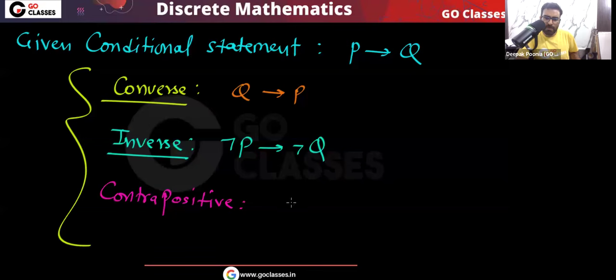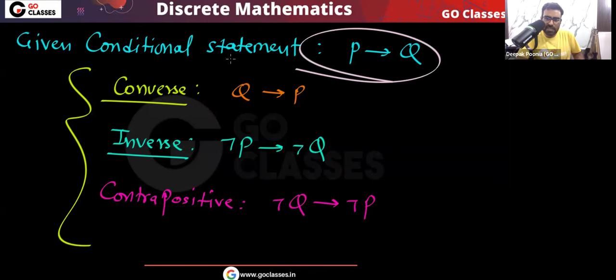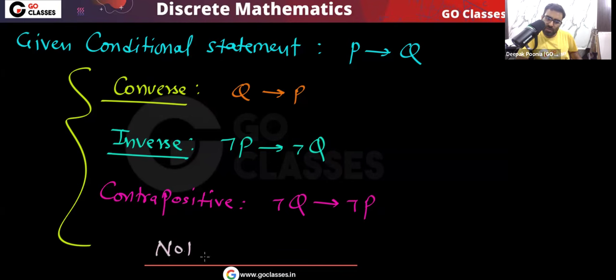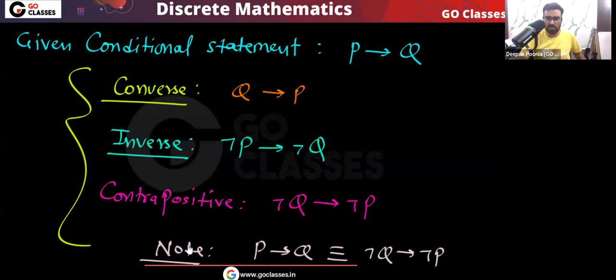The contrapositive will be if not Q then not P. Okay. And remember one more thing, that any conditional statement is equivalent to its contrapositive. So you can see that P implies Q is equivalent to not Q implies not P. Any conditional statement is equivalent to its contrapositive.